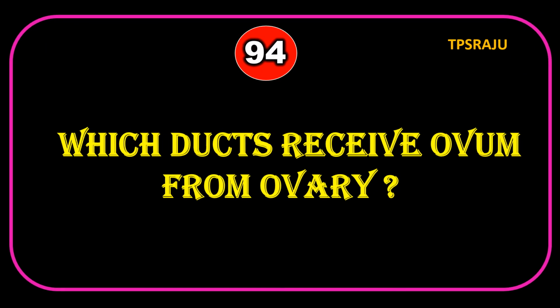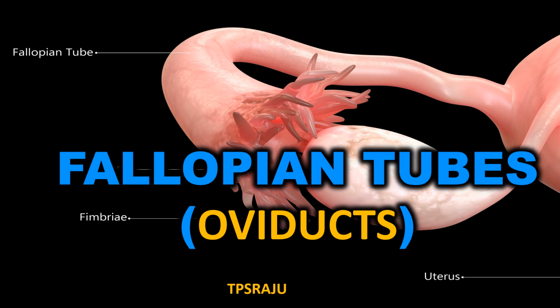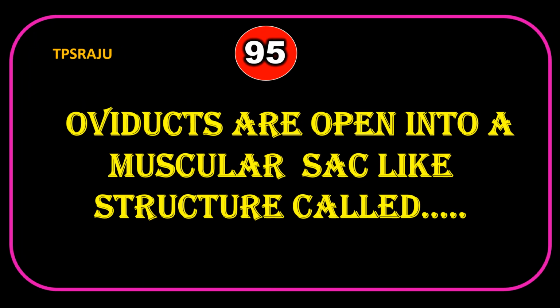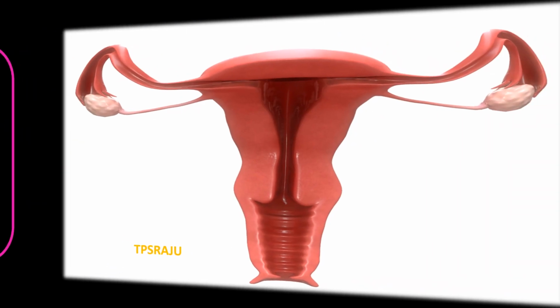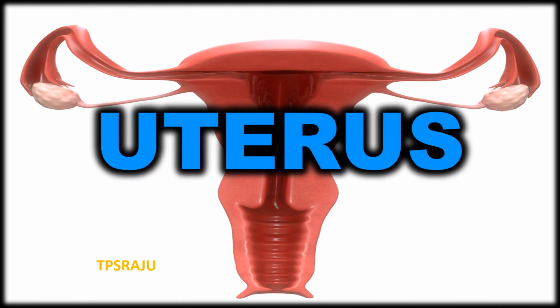Which ducts receive ovum from ovary? Fallopian tubes or oviducts. Oviducts open into a muscular sac-like structure called uterus.